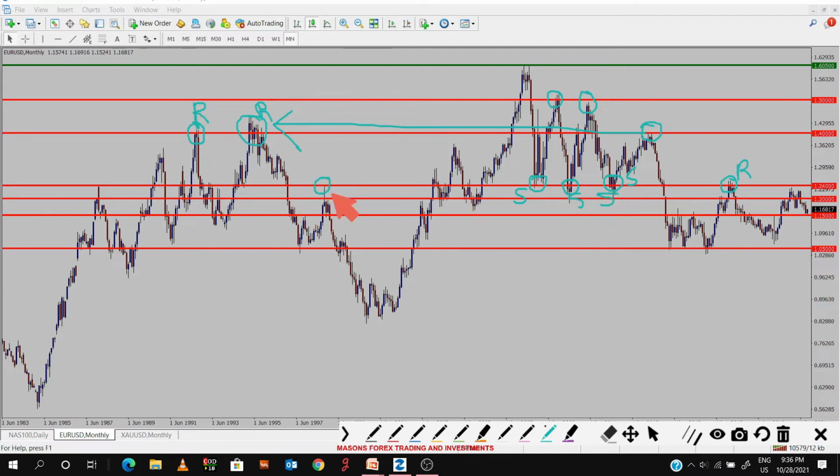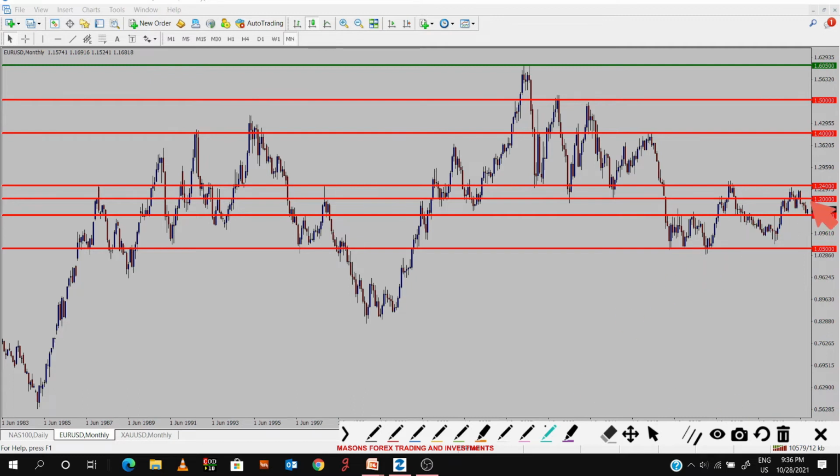At this level, price pushes up. We get a resistance level. Another resistance level right here. Another resistance level right there. You can see there's multiple touches or multiple reactions from the level.